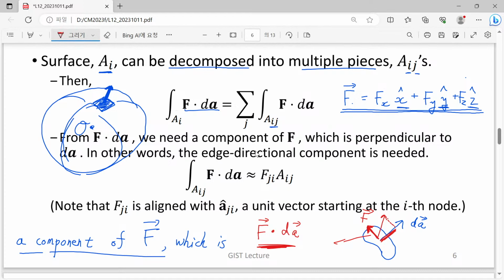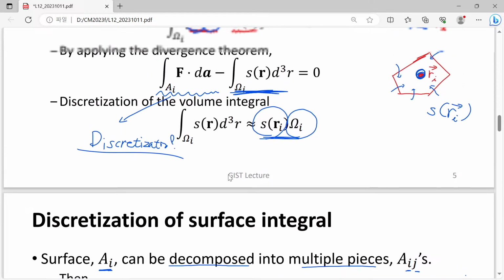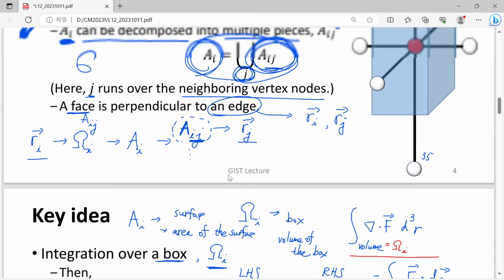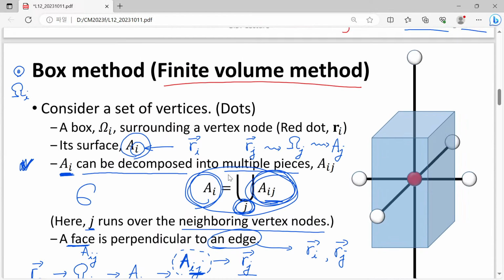Simply speaking, what is dA? What is the direction of dA? Let me show you a concrete example. Please try to find the direction of dA on this surface. Everybody should be able to answer that. This is the direction of dA.